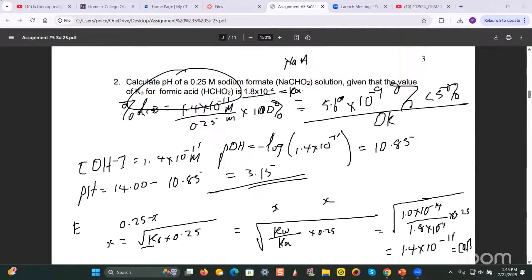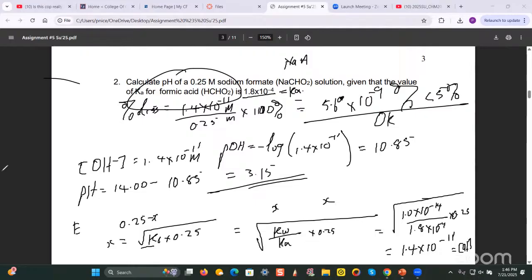Okay, so it looks like I made an error here. Let me work this part out again. It's 1 times 10 to the minus 14 times 0.25 divided by 1.8 times 10 to the minus 4, equals, oh, I forgot to do the square root. So this should be 3.7 times 10 to the minus 6.